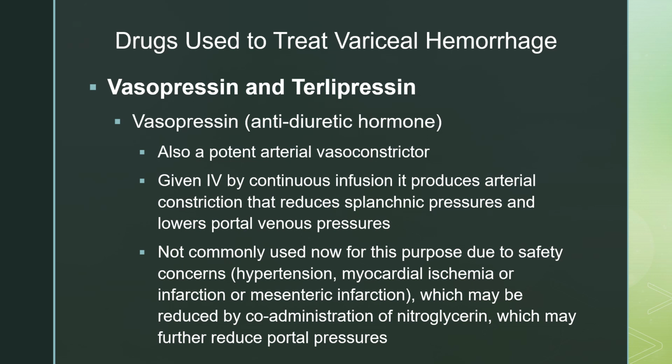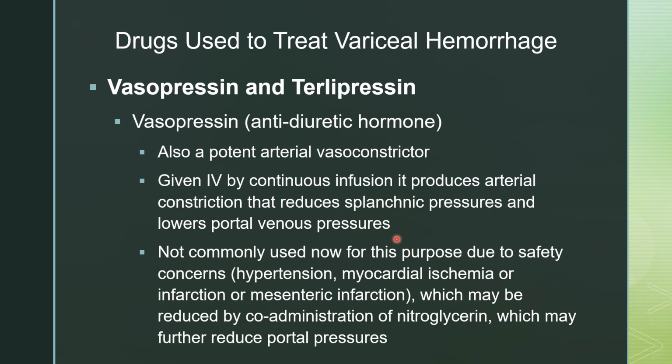Now you can also use your vasopressin and your terlipressin. Your vasopressin is an antidiuretic hormone. It's also a potent arterial vasoconstrictor. So it's given intravenously by continuous infusion, and it can produce arterial constriction that reduces splanchnic pressures and lowers portal venous pressures.